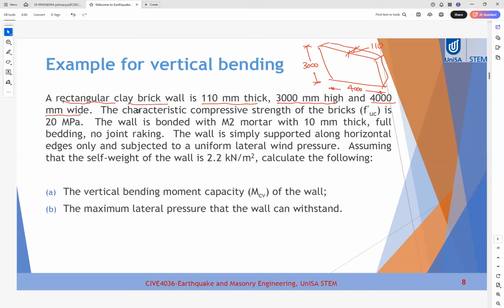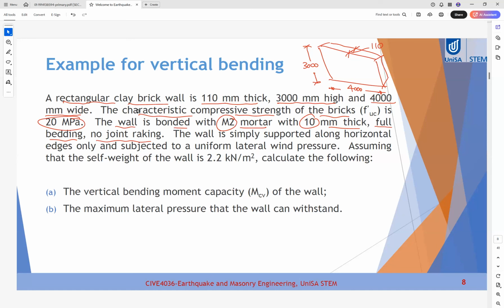The characteristic compressive strength of the brick, FUC dash, is 20 MPa. The wall is bonded with M2 mortar, 10 millimeter thick, full bedding, and no joint raking. So we have three pieces of information about the mortar.